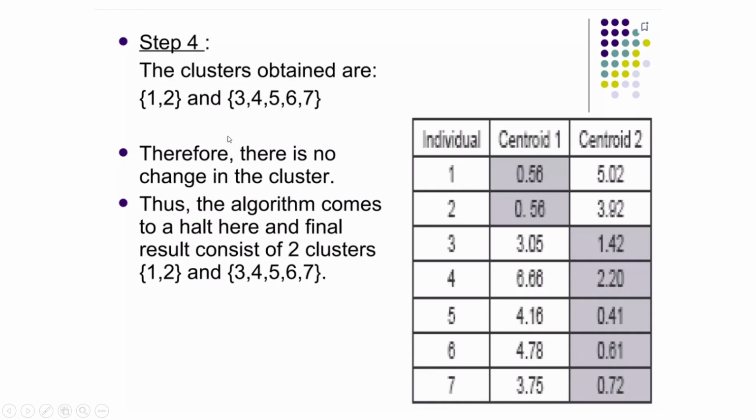In step 4 we can clearly get the clusters as 1, 2 as one cluster and 3, 4, 5, 6, 7 as another cluster. Therefore there is no change in the clusters, thus the algorithm comes to a halt. We stop finding new centroids at this point, and we have the two clusters: 1, 2 as one cluster and 3, 4, 5, 6, 7 individuals as another cluster.